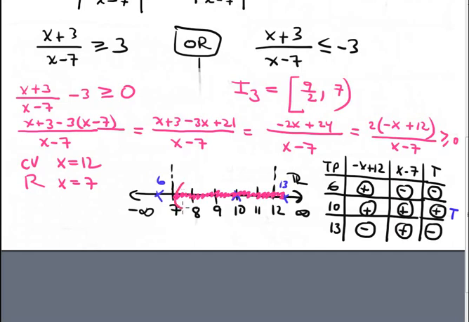Here is parenthesis, and this is square bracket. That's interval 4: parenthesis 7, comma, 12 bracket.